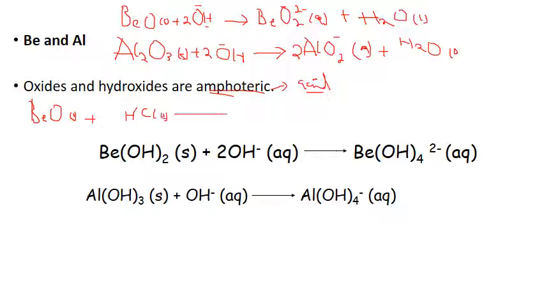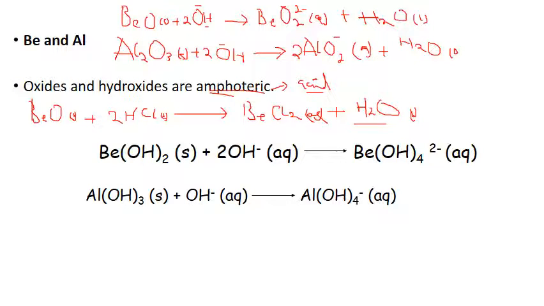You're going to be forming beryllium ions, or beryllium chloride, which is still a solution in that case. And then you have the water, because this is the hydroxide, it should be able to give us a salt and water. I don't want to waste time on that. You balance accordingly.